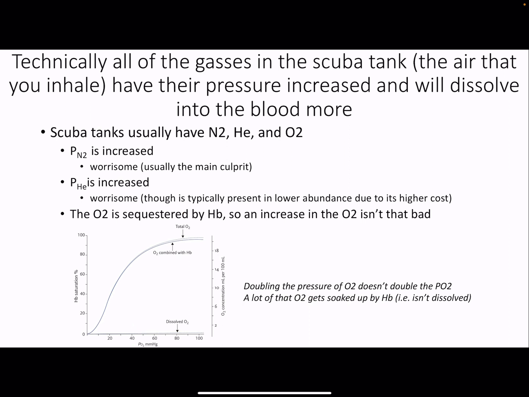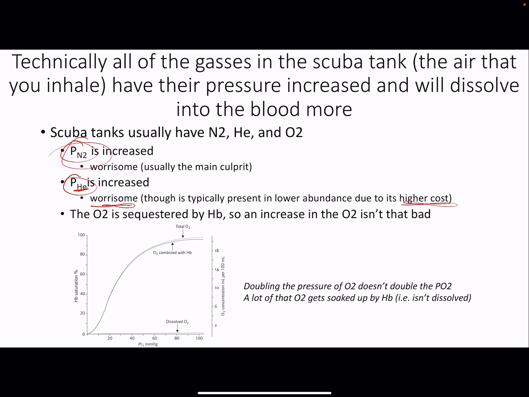Now you might think, wait a second, why? That's not just nitrogen, and you'd be right. Technically, this would happen for any gas that is under high pressure when you go scuba diving. The reasoning is that the scuba tanks really only contain nitrogen, helium sometimes, and this could be an issue, except that it's usually pretty high cost to have helium in your scuba tank, so it's usually just going to be nitrogen. Even still, nitrogen is higher.